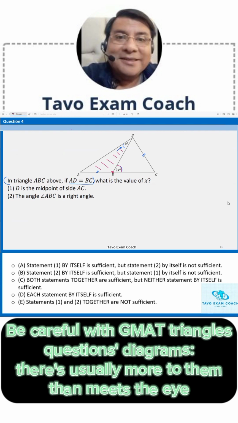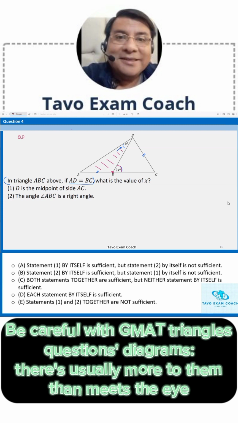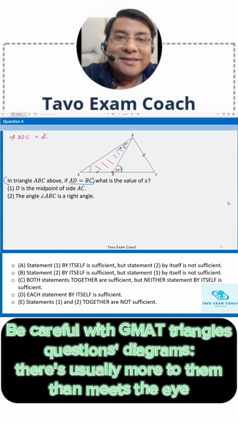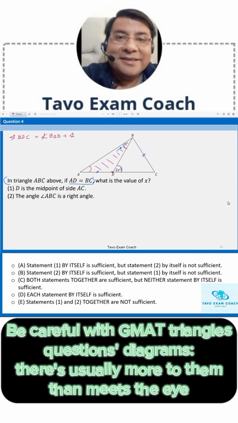What if we apply the property of the exterior angle? If we apply it, then angle BDC must have a measure that equals the sum of angle BAD plus the measure of angle ABD.